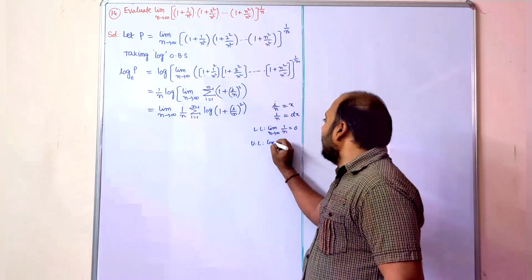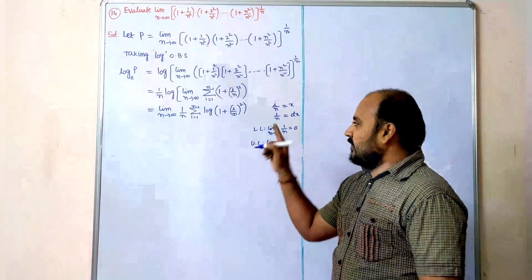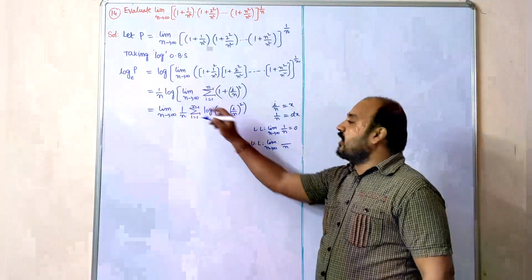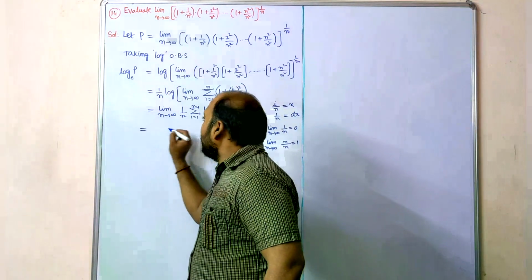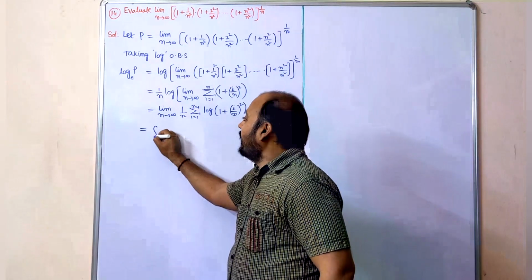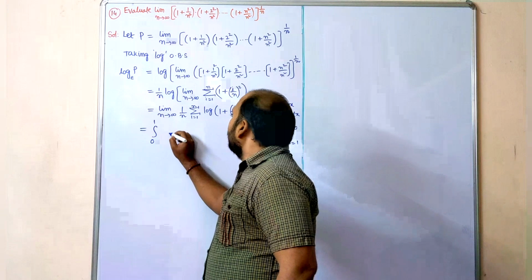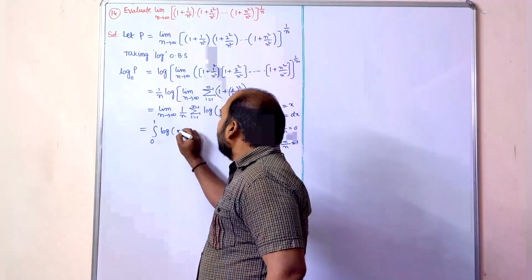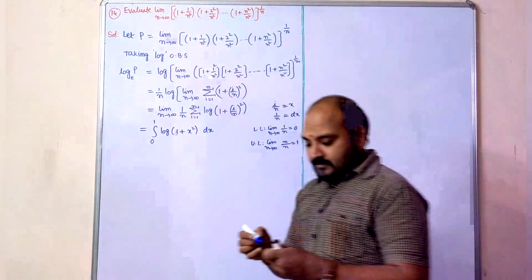Upper limit, limit n tends to infinity, total partitions of the interval is n and final value of i, n. So wherever 1 by n is there, dx. The limit and this sigma will become integration 0 to 1, lower limit to upper limit, and log of 1 plus x square into dx.